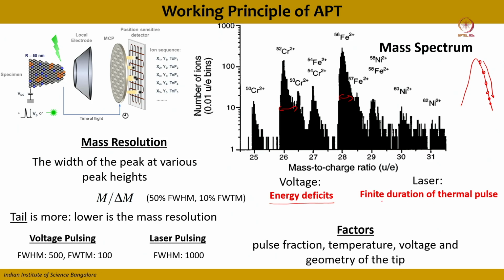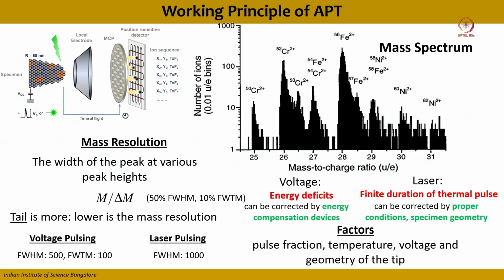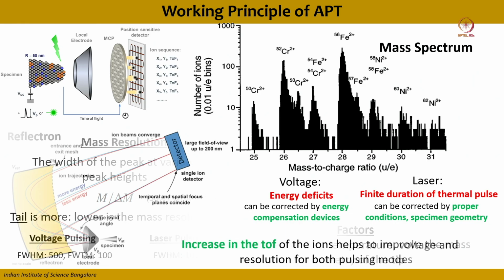In the laser, the finite duration of the thermal pulse gives a thermal tail. As I discussed, the temperature has to come down. To reduce these energy deficits, we can use energy compensation devices, called reflectrons. And for the laser, we can improve by changing the specimen geometry to make it a thicker specimen, and also by using proper laser conditions for the field evaporation.